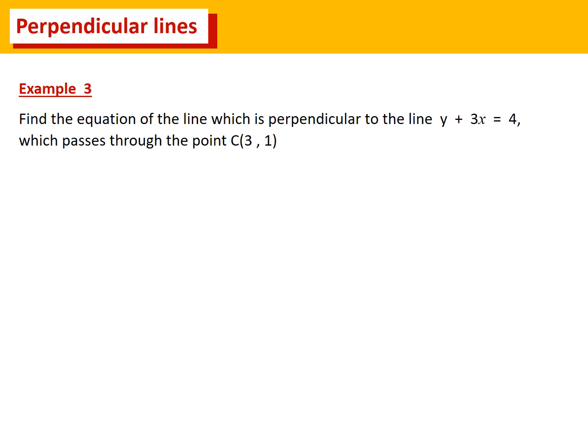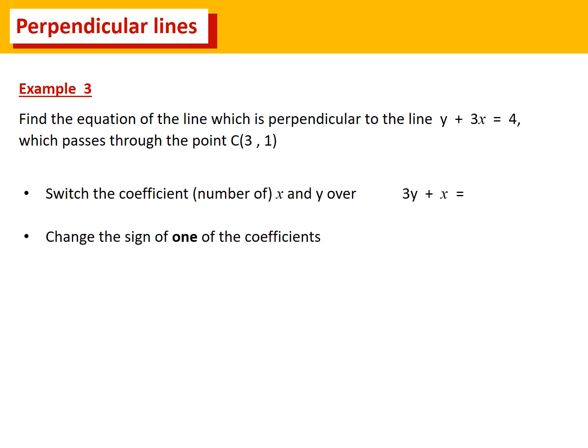And finally, in example 3, switch the x and y coefficients over. So we've got 1y and 3x, so we swap those over. So that becomes 3y plus 1x. Change the sign of one of the coefficients. So plus x I've switched to subtract x. Now I'm going to substitute the values in. When x is 3, y is 1.